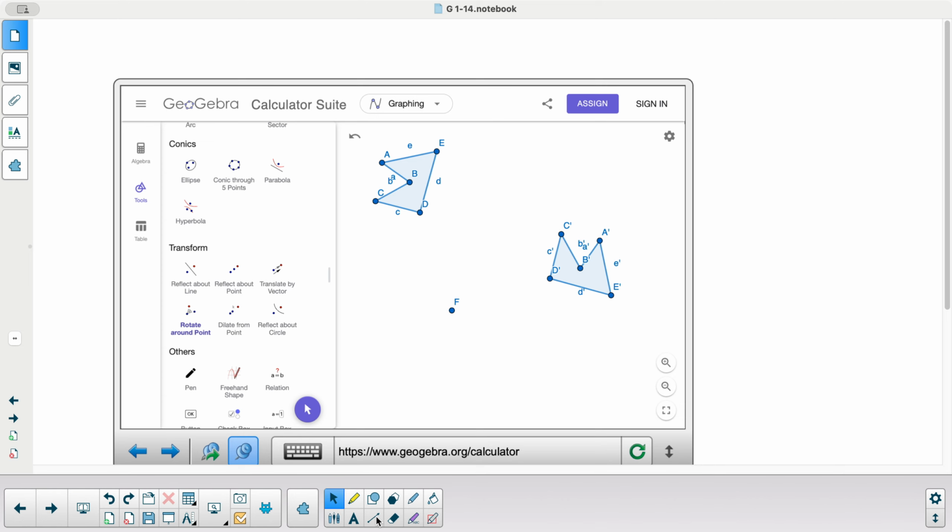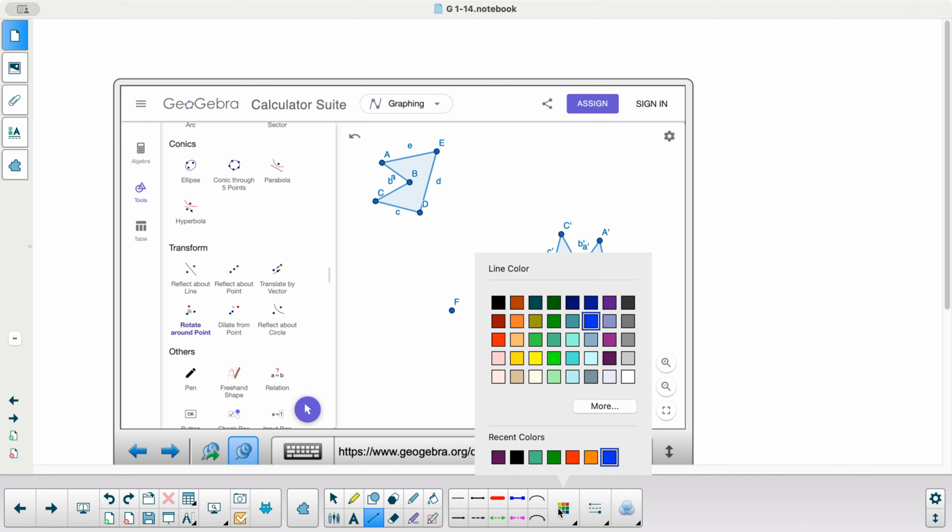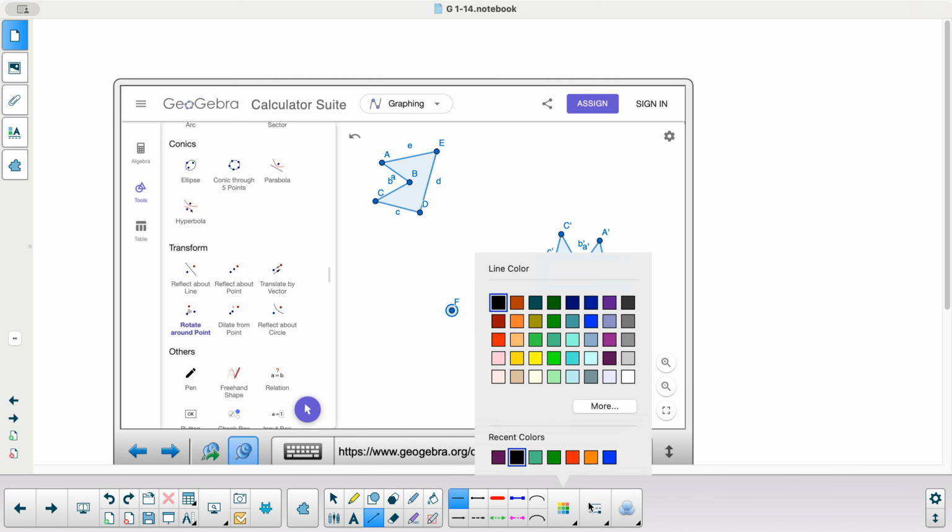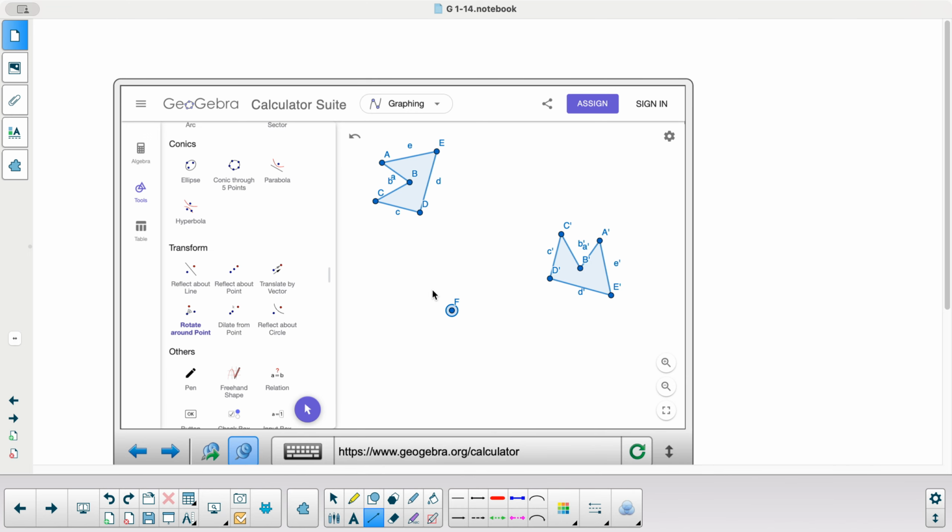So what really happens here is this is my center of rotation, 90 degrees clockwise. So I'm going to pick 2 points that correspond. I'll just use D and D prime because they're the closest. I'm just going to draw a segment from D to D prime, if I can get my thing to work.